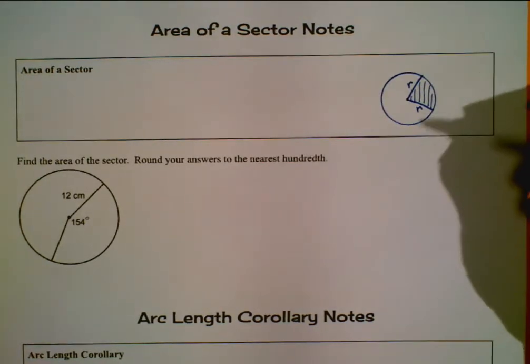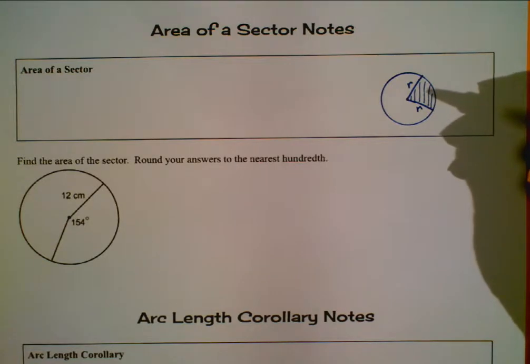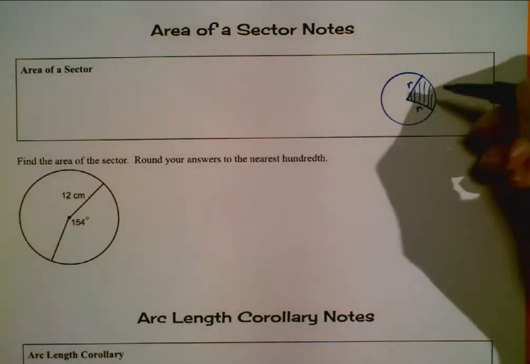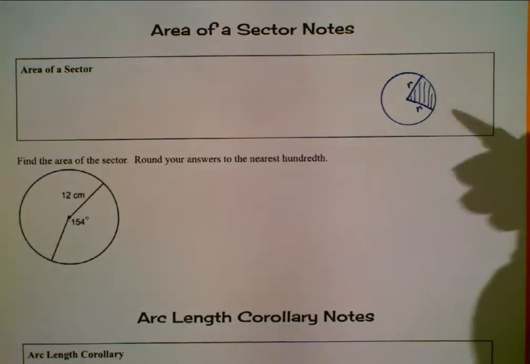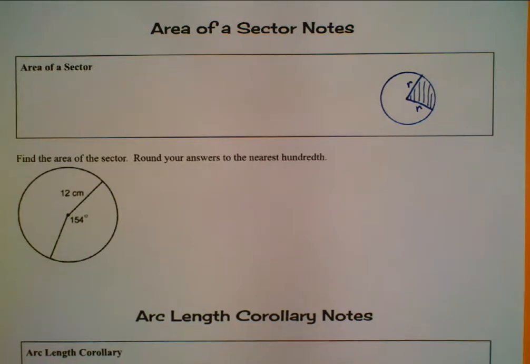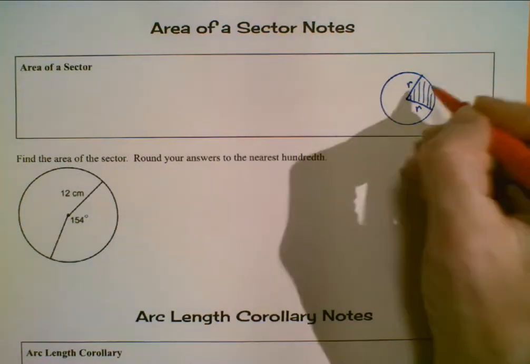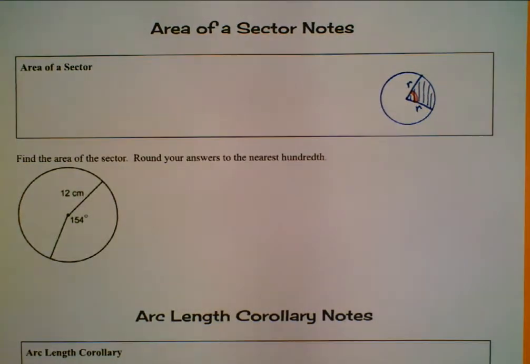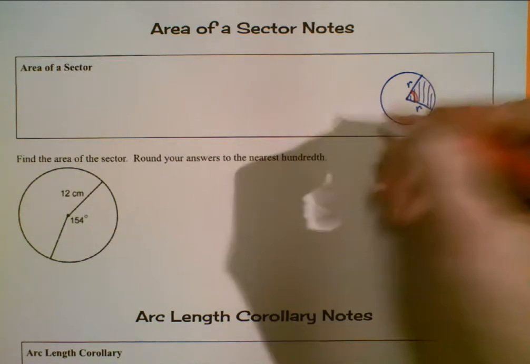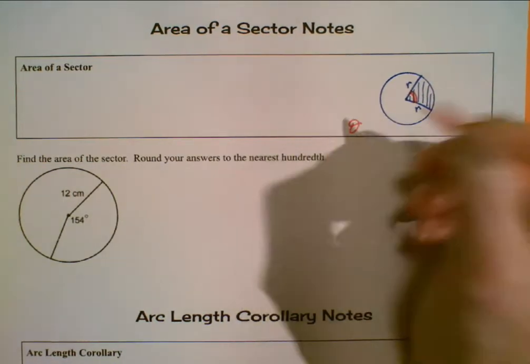We know how to find the area of a full circle, that being A equals pi r squared. The area of the sector is going to be, of course, smaller than the area of the circle itself. And the area of the sector is based on the measure of this central angle. And you may recall that a central angle is any angle in a circle whose vertex is the center of the circle. I'm going to be referring to that angle as theta.